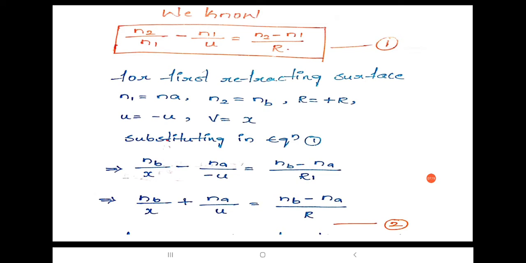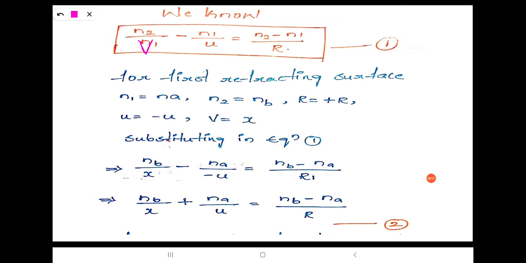Now, we know N2/V - N1/U = (N2 - N1)/R. We derived this equation in the previous class for image formation at curved surfaces, right? That is N2/V - N1/U = (N2 - N1)/R.